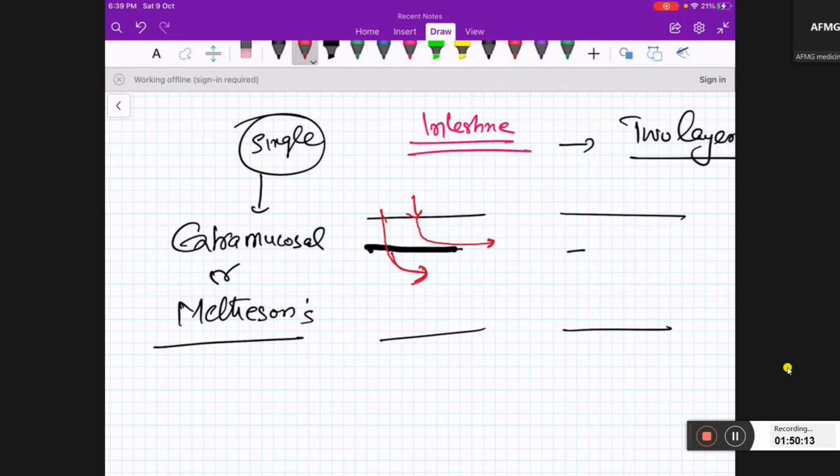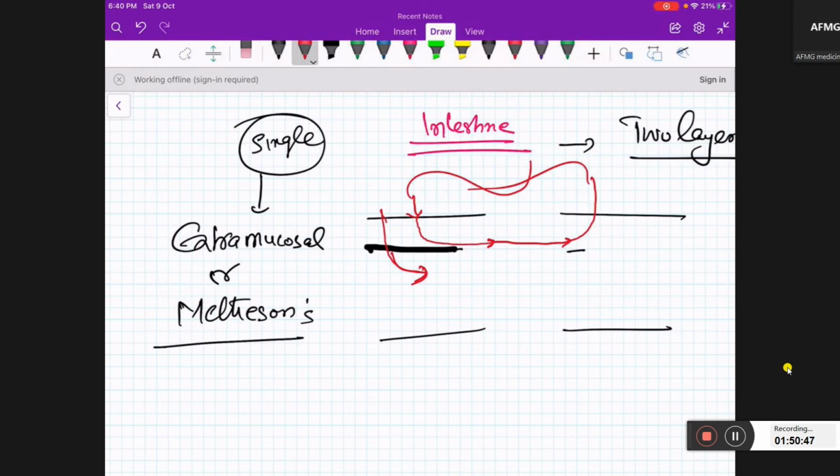That means the layers I have taken are serosa, muscularis, and submucosa. Then from the opposite side, I will enter behind the mucosa, not including the mucosa, and come out on the serosa. And then I'll apply a knot.